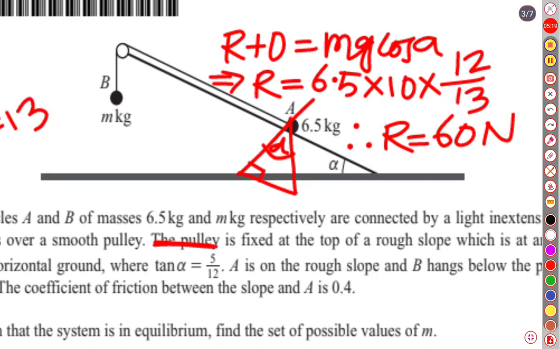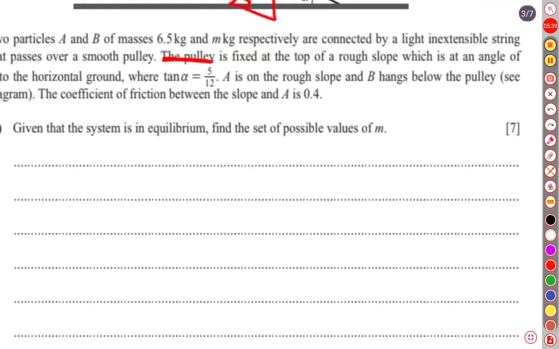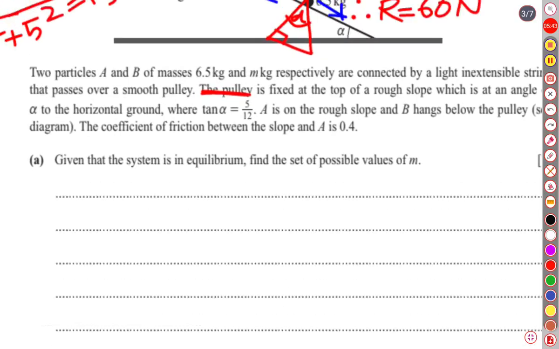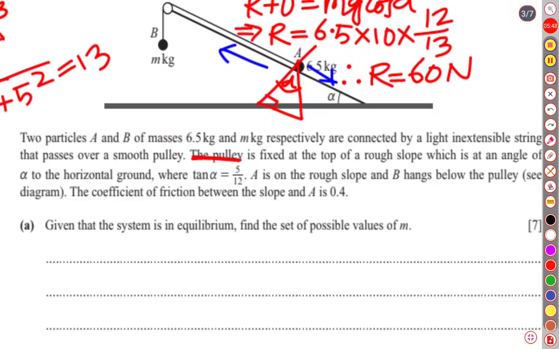As we have already decided, there are two possible cases. One is the particle is either about to move down or it is about to slide up. Okay, so let us write one after the other. When A is about to slide down.